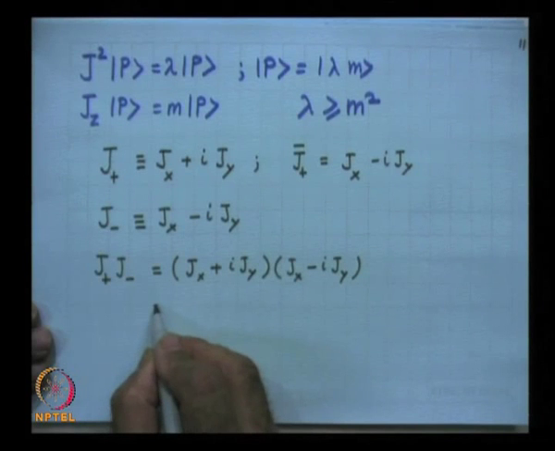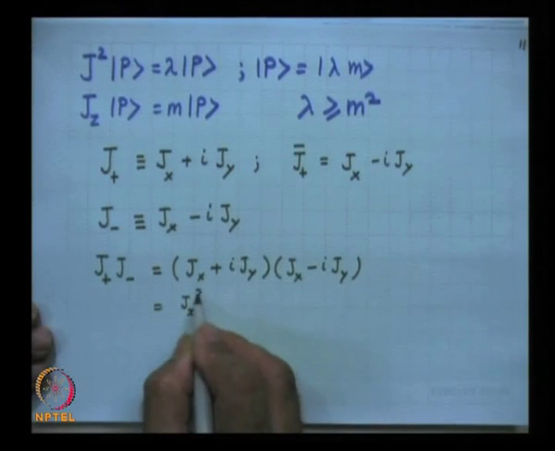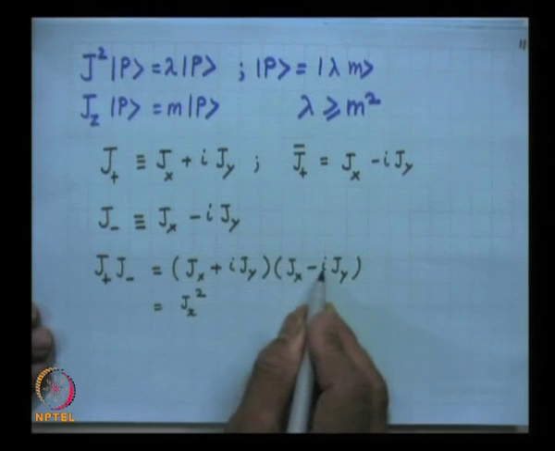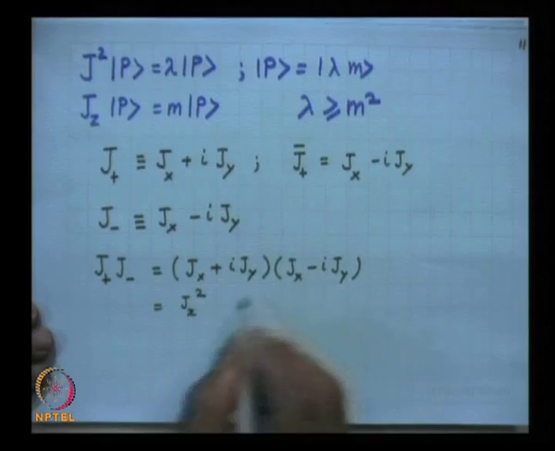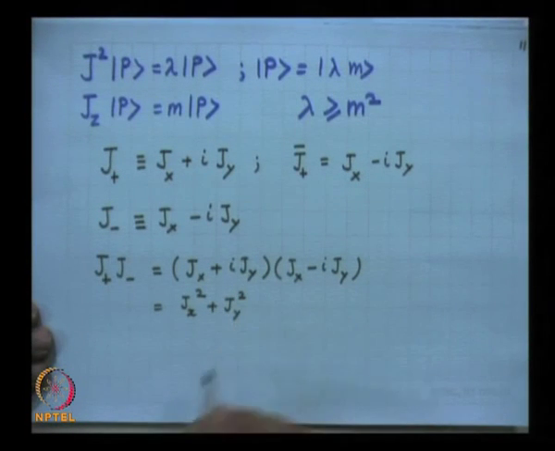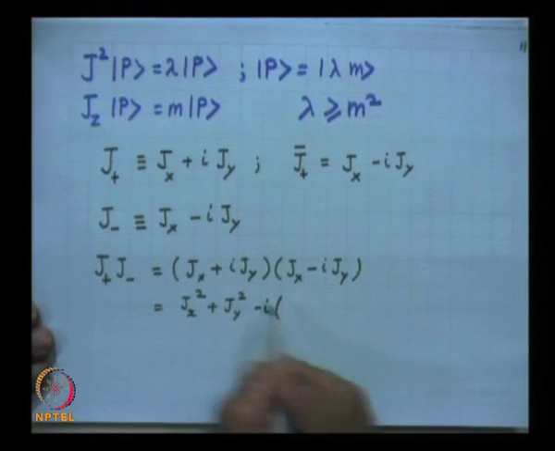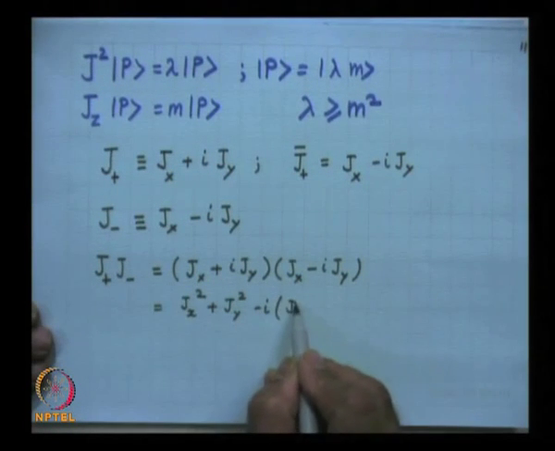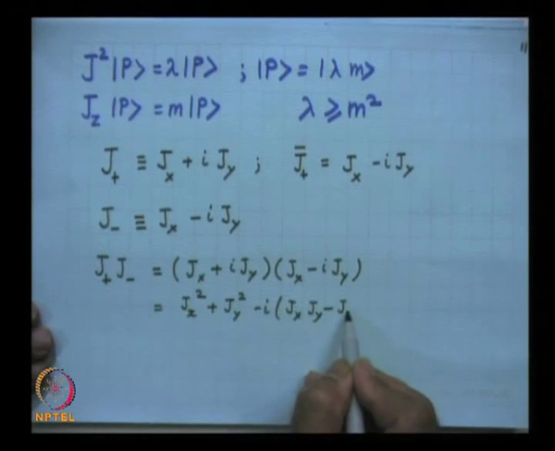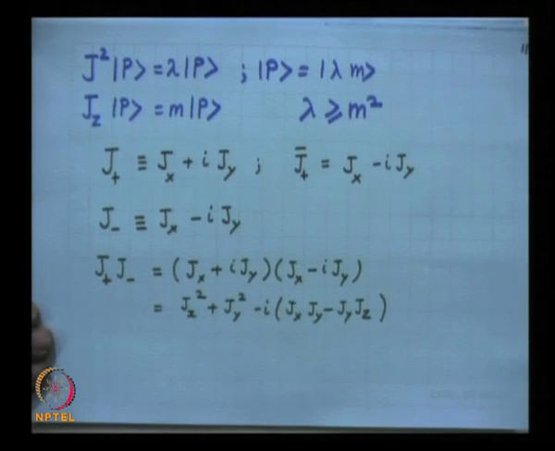So, this will be j x square, then j y times i times i is minus 1, minus, plus j y square, and then minus i if I take outside, it will be j x j y minus j y j x, because the operators do not commute.